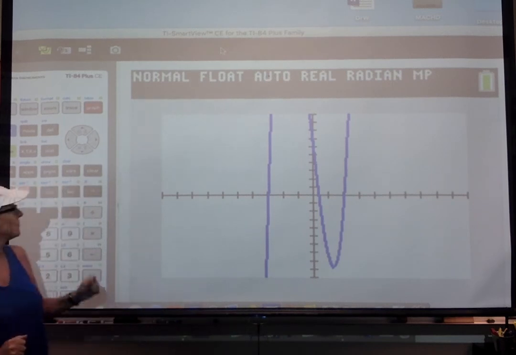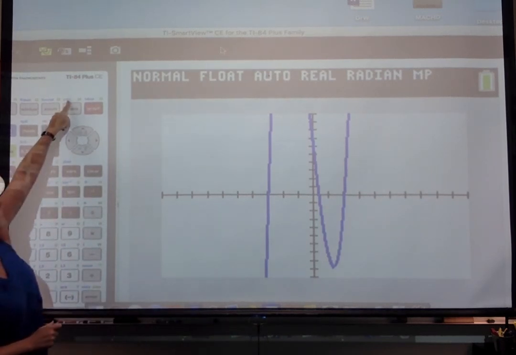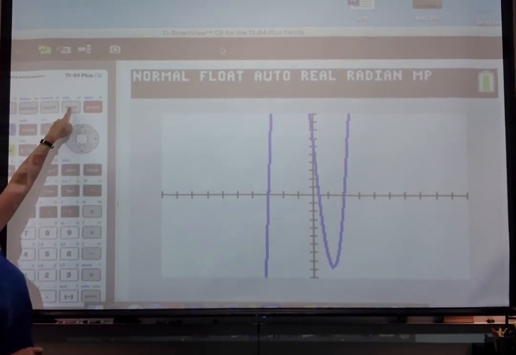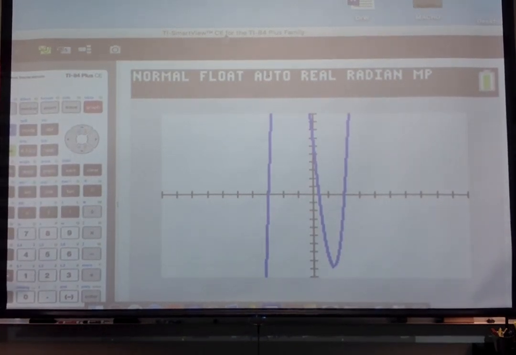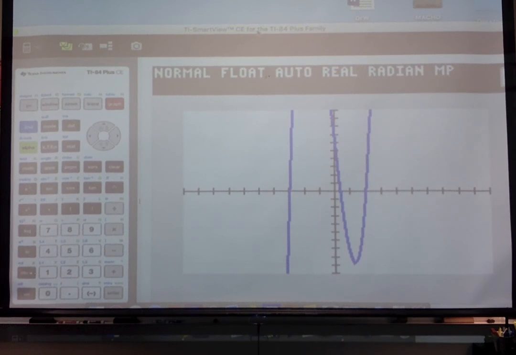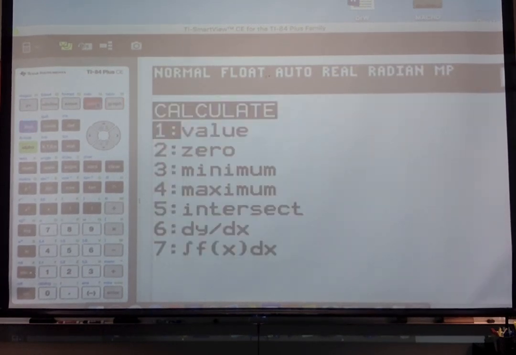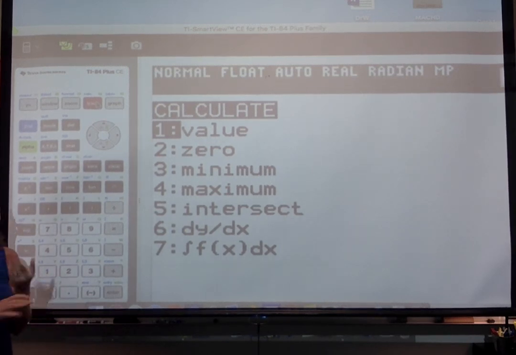This is pretty cool. I'm going to do calculate. So I need to push my second button and then go above trace. I'm going to do calculate. Second calc. All right. And I want to calculate a 0, a root, an x-intercept.